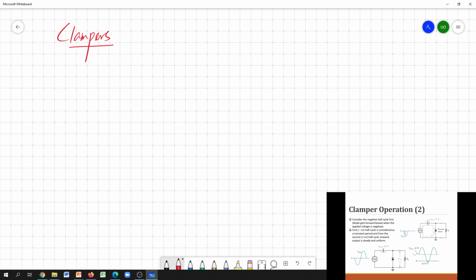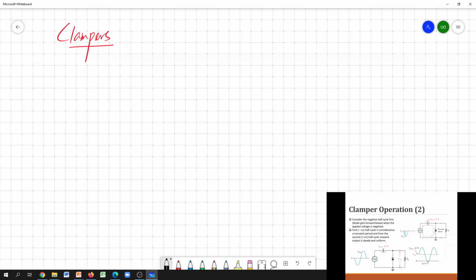So previously we discussed the clippers, and during this session we found that using this general purpose or rectifier diode, we can basically clip the input signal at different levels.